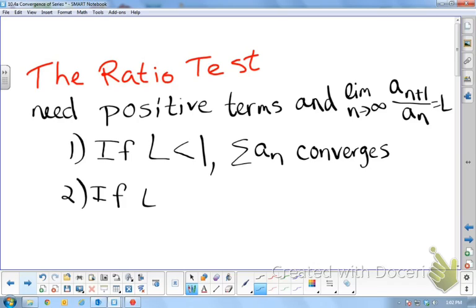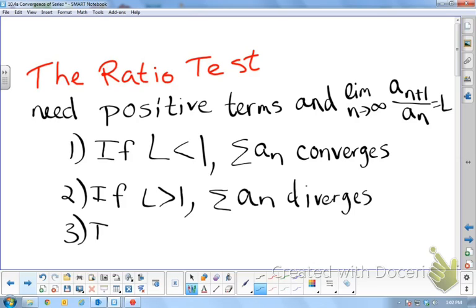If that number is bigger than 1, the series diverges. And if that equals 1, we don't know anything. The test fails.